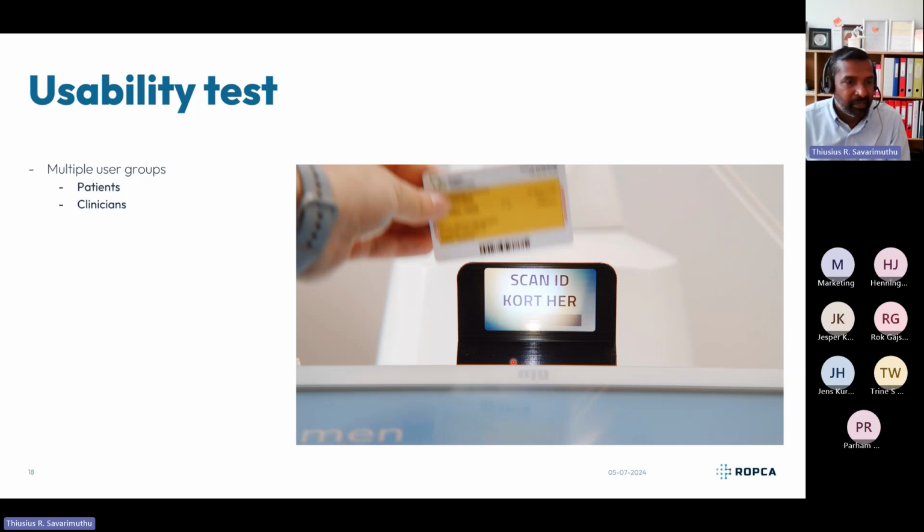We spent quite some time on the user graphics and the user design in later iterations in order to improve the user experience for our user groups. So again, here we probably go into some details in a later webinar, but I think there are quite some interesting things that we learned during these tests.